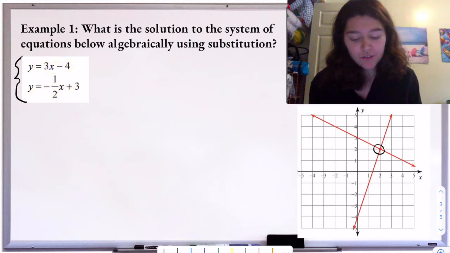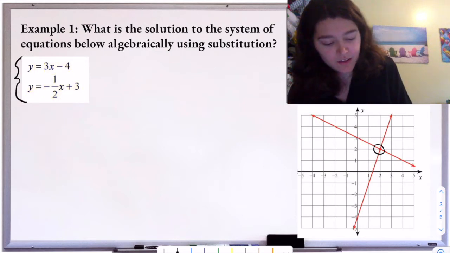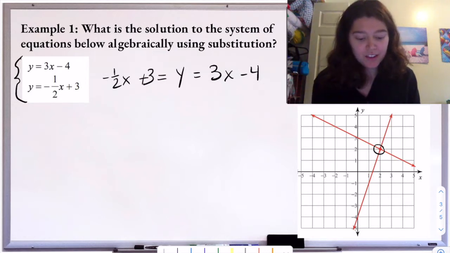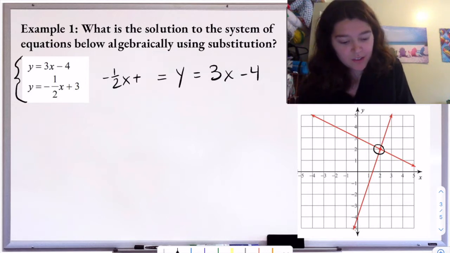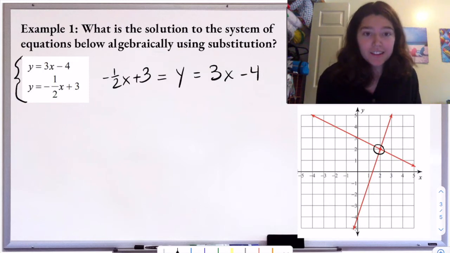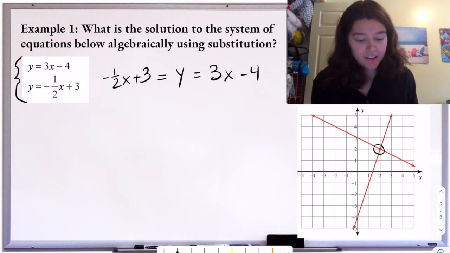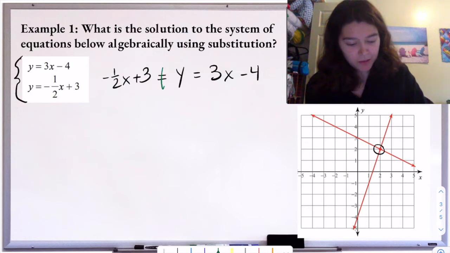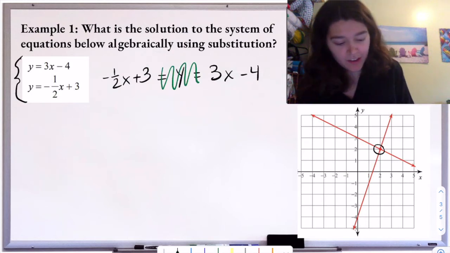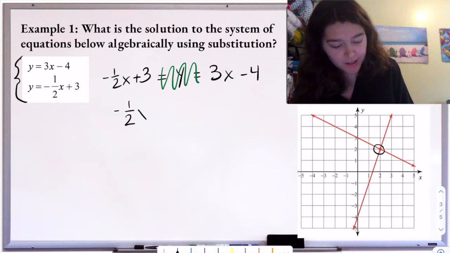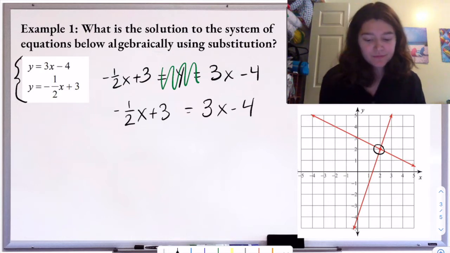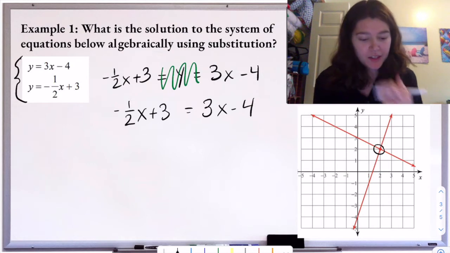So if y equals 3x minus 4 and y equals -1/2 x plus 3, and we're trying to find that x and y value where it's the same y and the same x, then we can just get rid of this middle step and say, if they're both equal to y, then they have to be equal to each other. That's probably how I would do it.